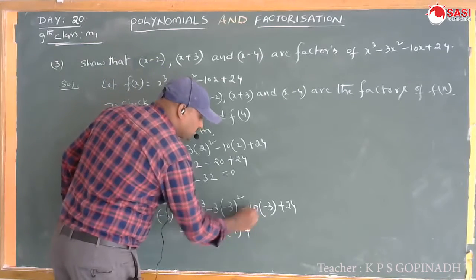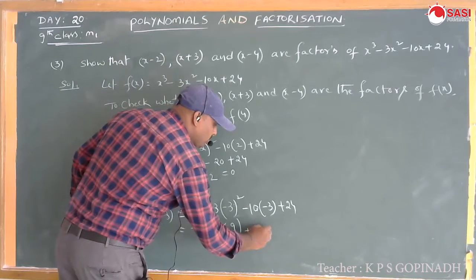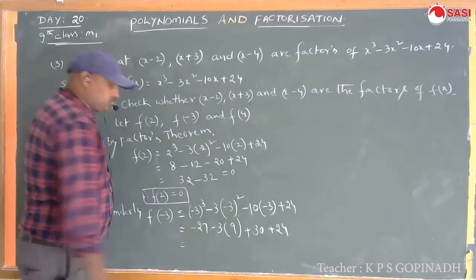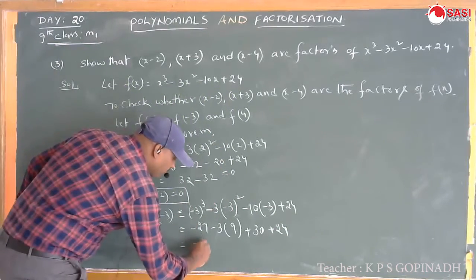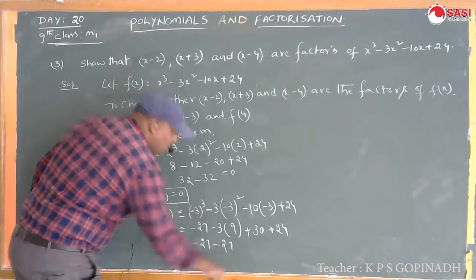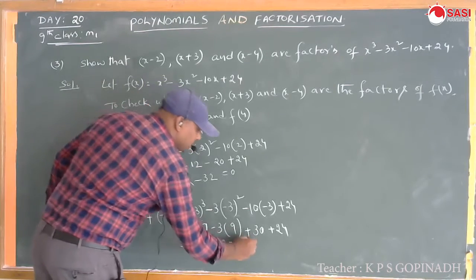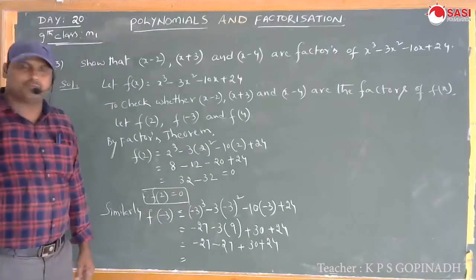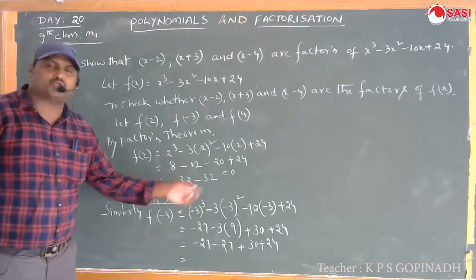Minus times minus is plus, 10 threes are 30, plus 24. That is equal to minus 27, minus 9 threes are 27, plus 30 plus 24, which is equal to minus 27 and minus 27, those two are negative numbers.